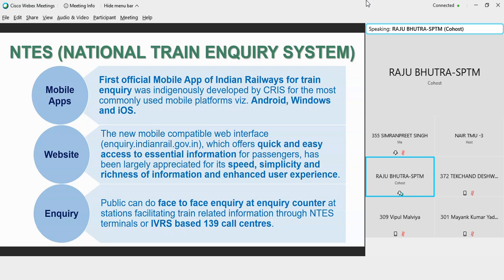They can go to the stations and have face-to-face inquiry at the inquiry counters, or IVRS-based 139 call centers can also be used. IVRS means interactive voice response system. So there will be some recorded messages, and you call 139, you can get the desired information from the call centers.